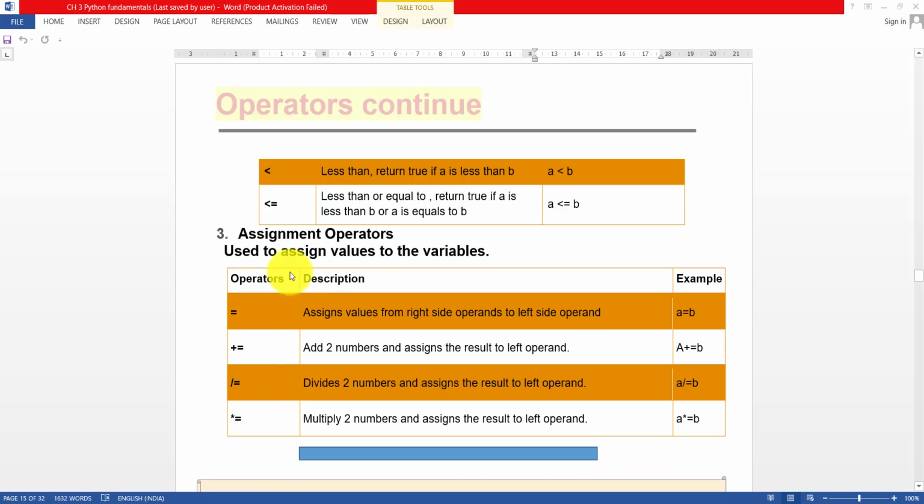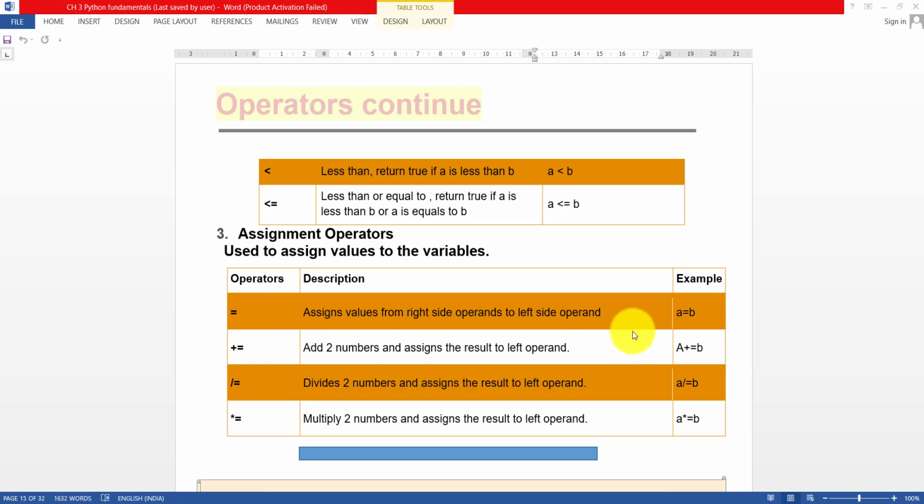Next is the assignment operator. What is its purpose? The purpose of the assignment operator is to assign values to variables. If you assign a value to a variable, you have to use the assignment operator. The first is simple assignment.